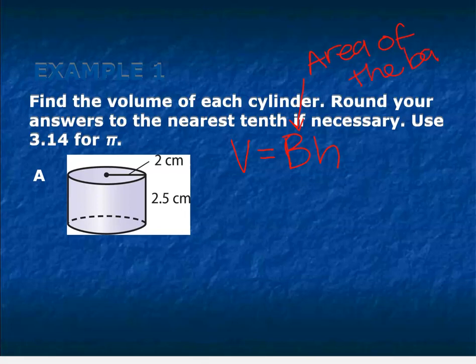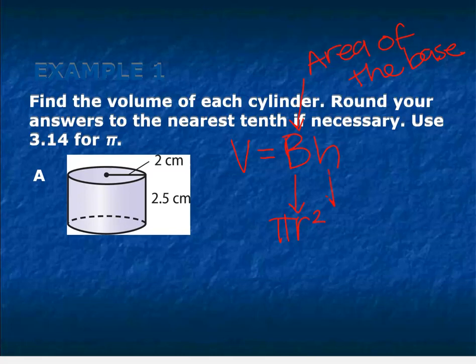When you see a capital letter, you have to replace it with another formula. Big B is the area of the circle, so if you look at your formula chart, the area of a circle is pi r squared.